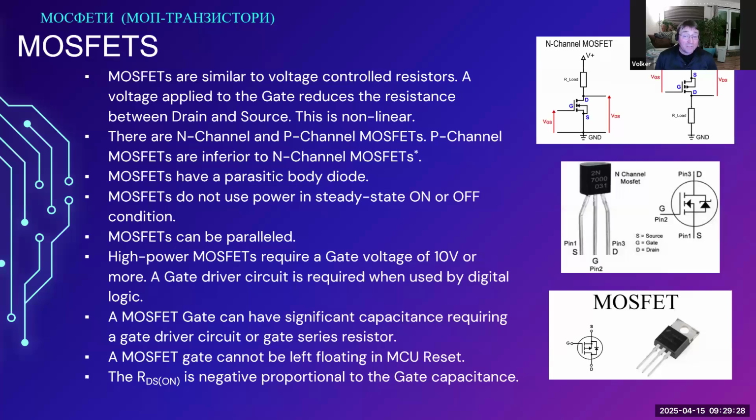If you take four or five of the main parameters of a MOSFET, whether it's the on resistance, the price, the gate capacitance, or the voltage rating, a P-channel MOSFET would always be slightly inferior to an N-channel MOSFET.